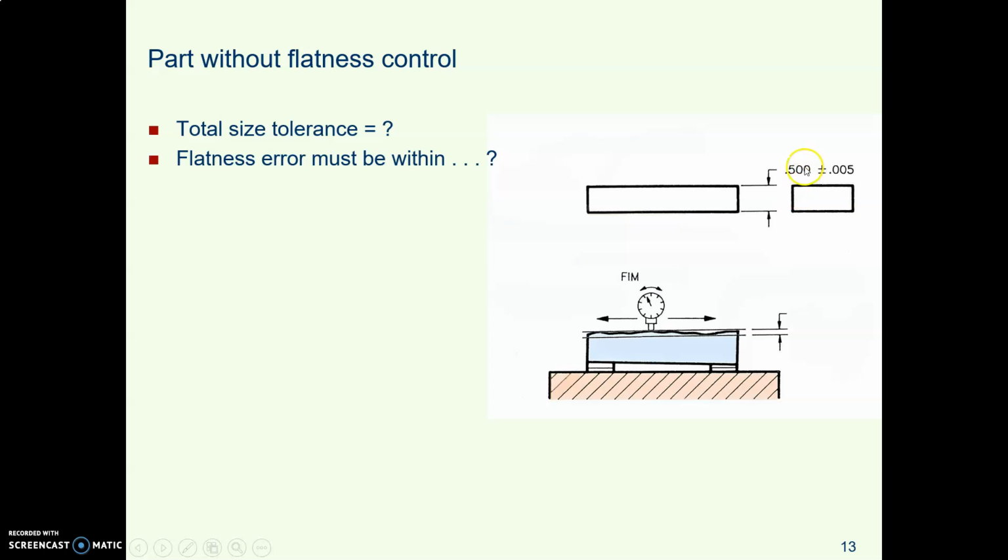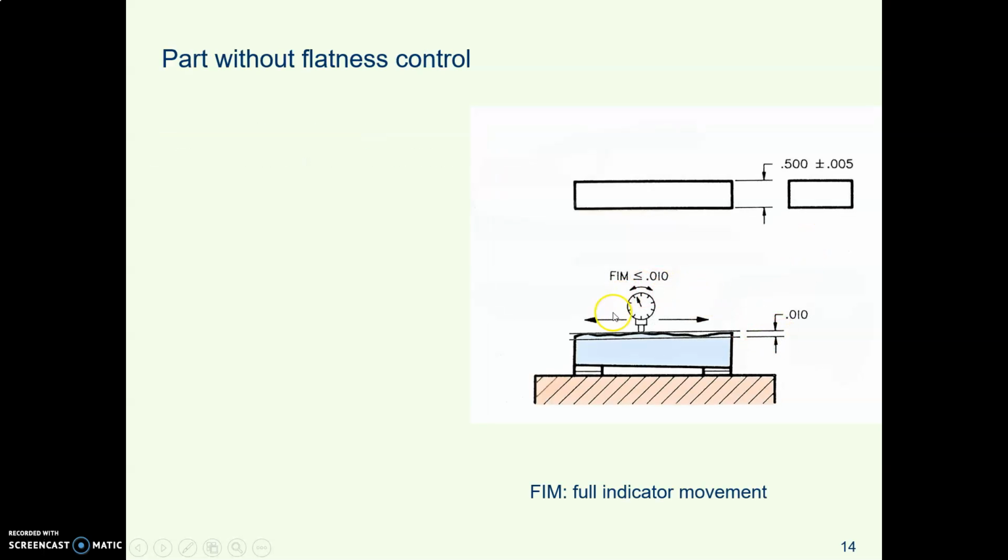Here's a part. It's got a size, this is inch, size tolerance of plus or minus 5 thousandths. Well, that means it has a tolerance zone of 10 thousandths, up 5, down 5, so you could have full indicator movement of 10 thousandths.